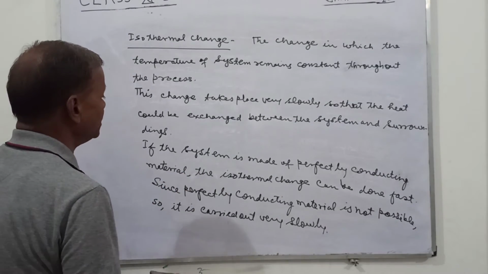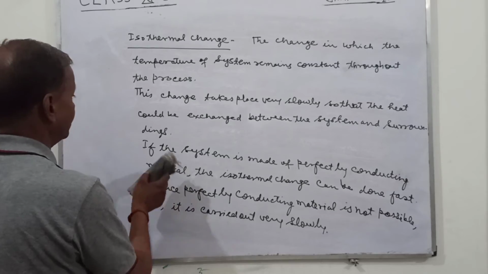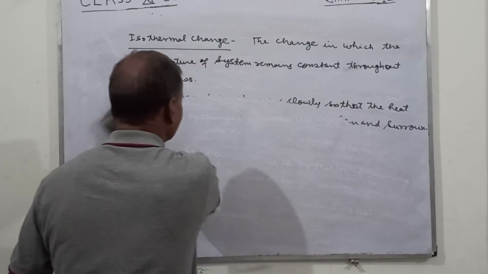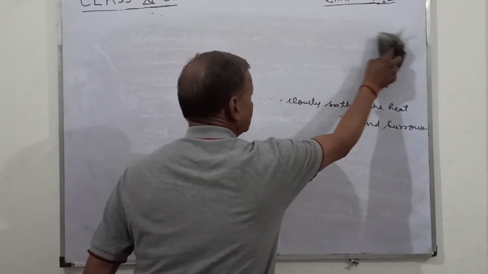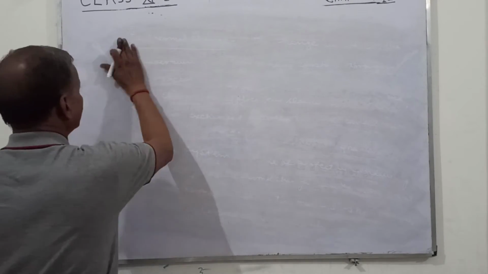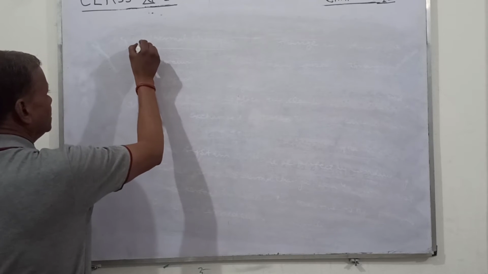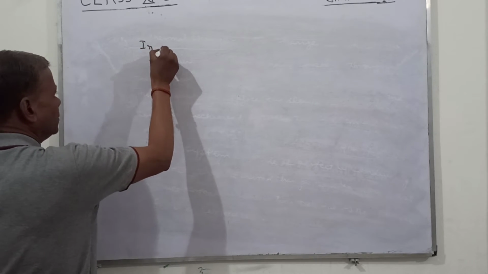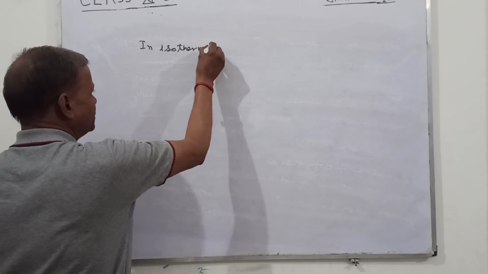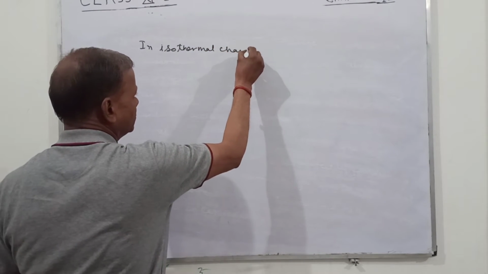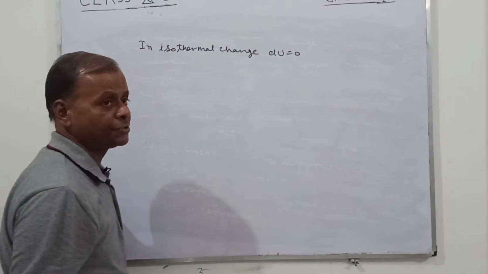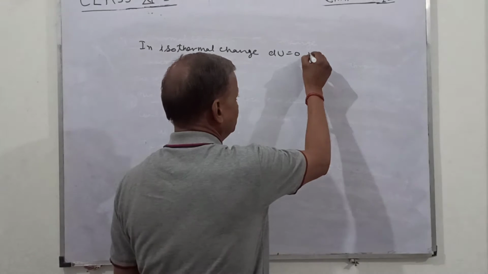And now you can see that if we apply the first law of thermodynamics in isothermal change, dU is equal to 0, means no change in internal energy of the system.